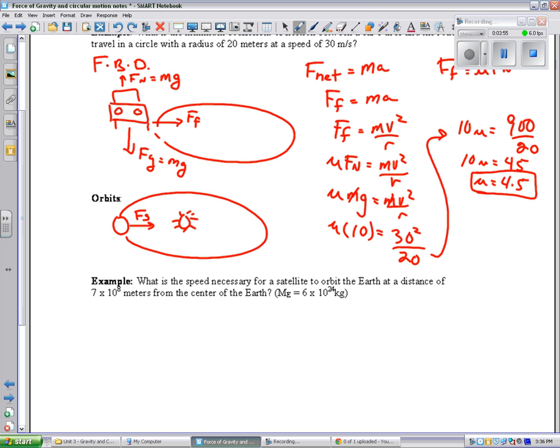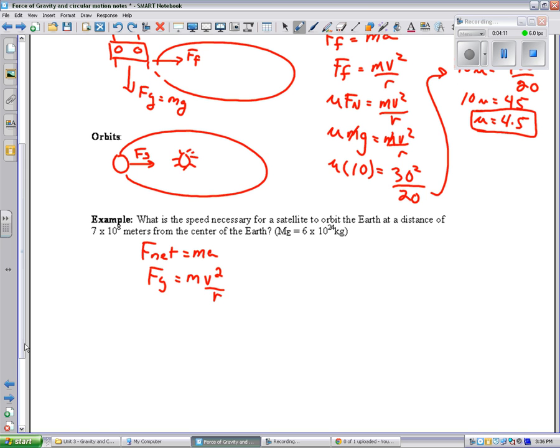So when we do our F-net equation, it's going to be that the force of gravity equals m, and then again for our velocity we'll do v squared over r. Now, we have an equation in this unit that's new. For the force of gravity, it's going to be G m1 m2 over r squared equals m v squared over r.